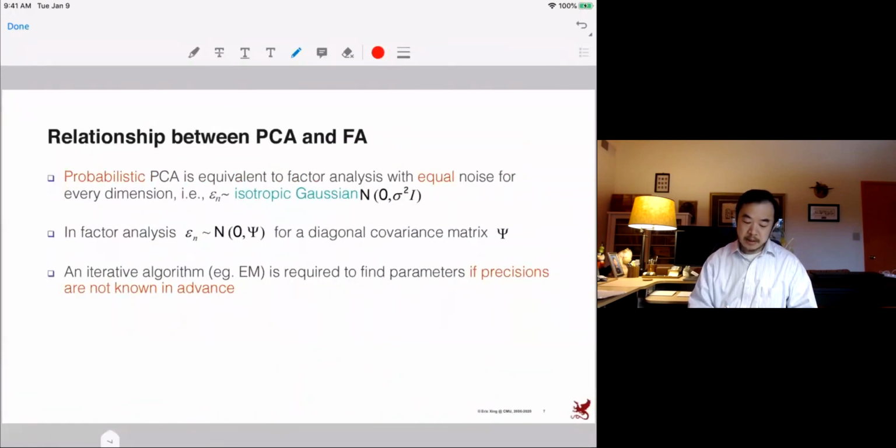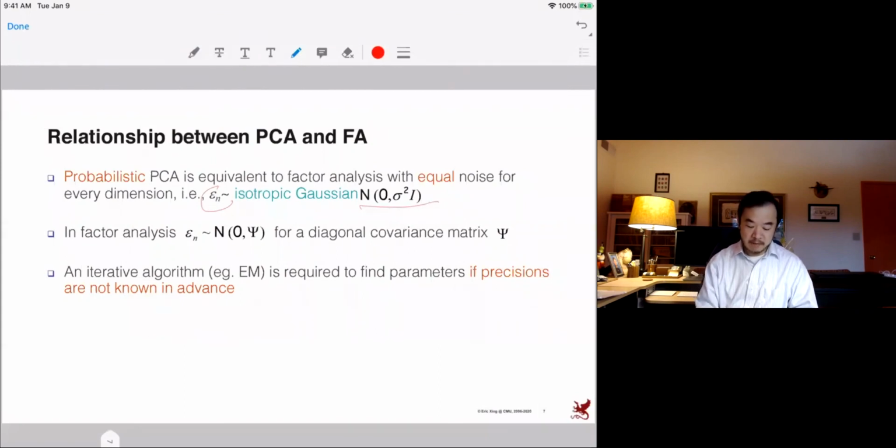The relationship between probabilistic PCA and FA is very, very close. Remember, in probabilistic PCA, we assume what is known as the isotropic Gaussian distribution or Gaussian noise, with zero mean and some diagonal covariance matrix.